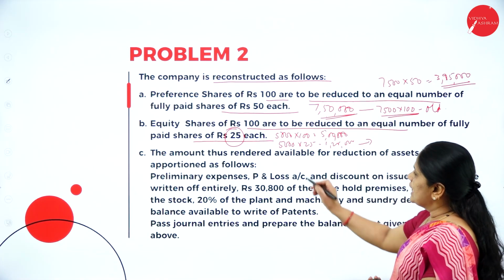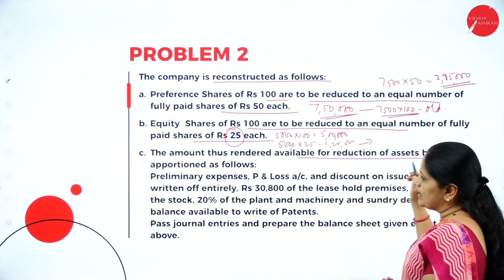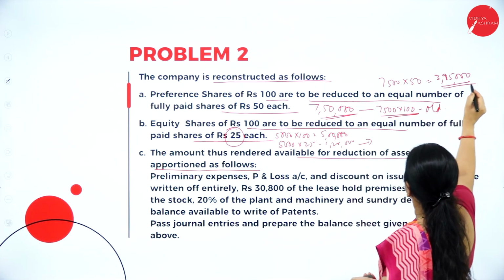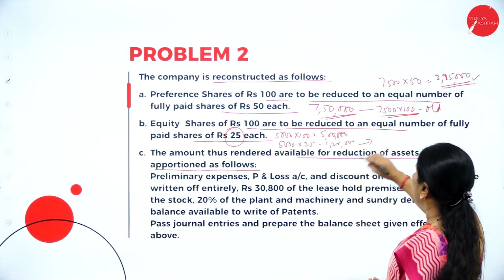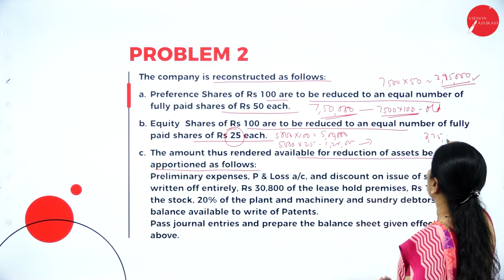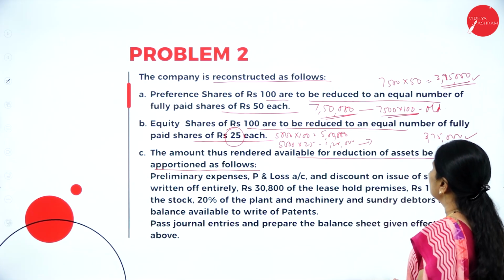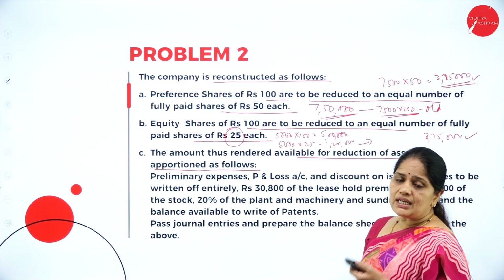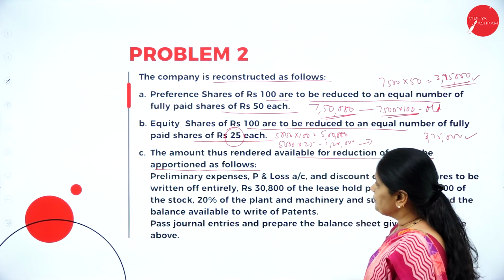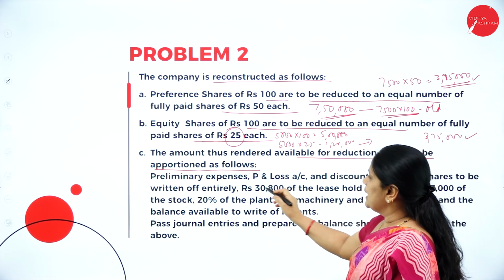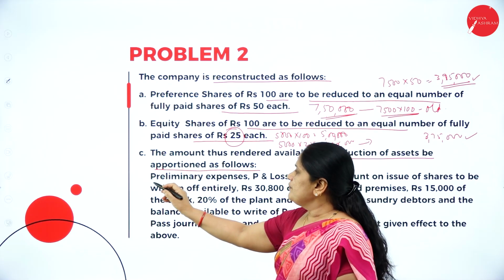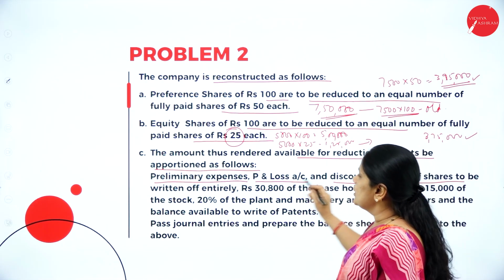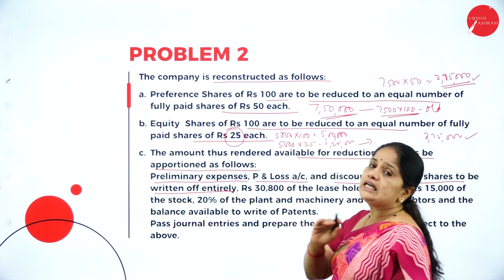Then the amount thus rendered available for reduction of assets is to be apportioned as follows. We have 3,75,000 from the preference shares and again 3,75,000 from the equity shares, so totally almost 7,50,000. What are we supposed to do with that? We have the preliminary expenses, profit and loss account, and discount on issue of shares to be written off entirely.